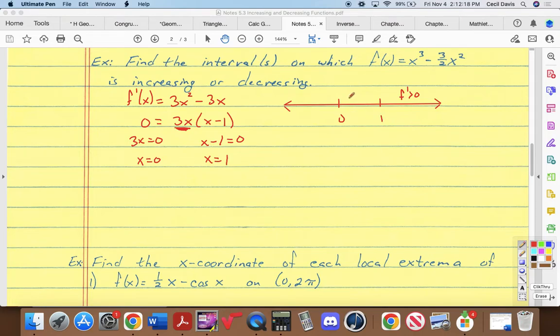If I pick a value between 0 and 1, say a half, 3 times a half is positive, half minus 1 is negative, f prime is negative. If I pick a negative value for x, 3x is negative, x minus 1 also negative, so f prime is greater than 0.